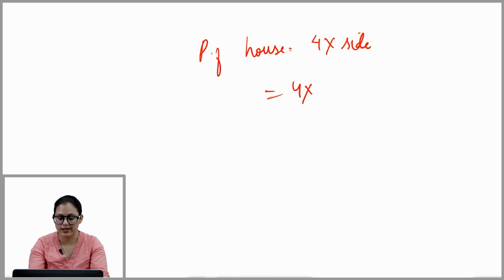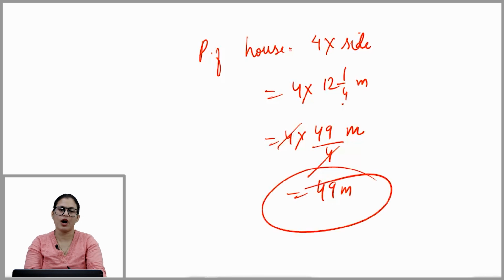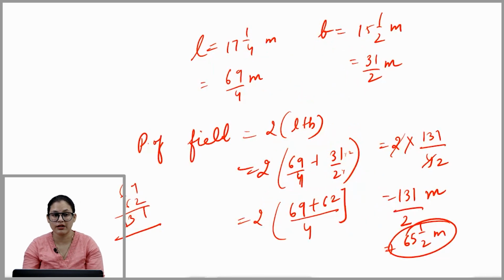What is the side? Side is 12 whole 1 by 4 meter. Now first convert it into an improper fraction. 12 4s are 48 plus 1, 49 by 4 meter. 4 4s go, 49 meter is the answer. So perimeter of house is 49 meter and perimeter of rectangular field is 65 whole 1 by 2 meter.